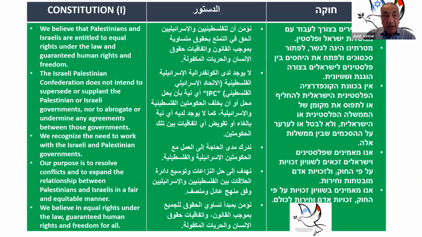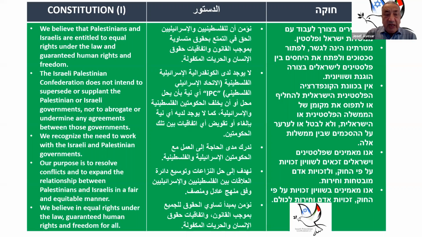Thank you, Libby. So basically, the important part of the Constitution, this is not the language of the Constitution itself, this is a description of what the Constitution says, is that the Israeli-Palestinian Confederation government would not supersede or supplant or disturb any agreement between the Israeli and the Palestinian governments.